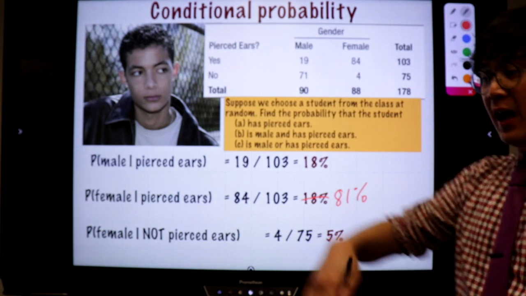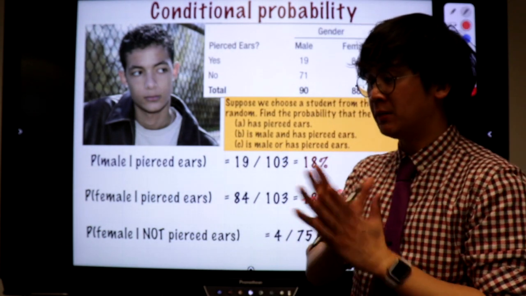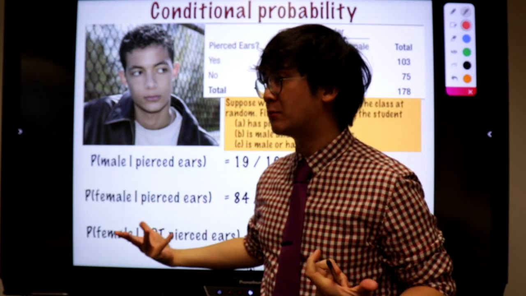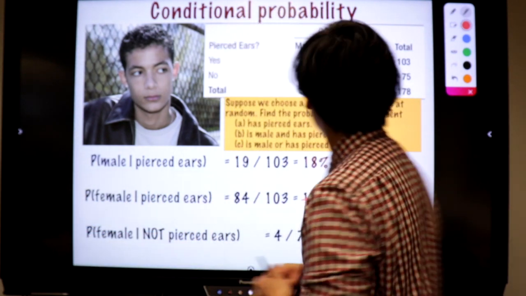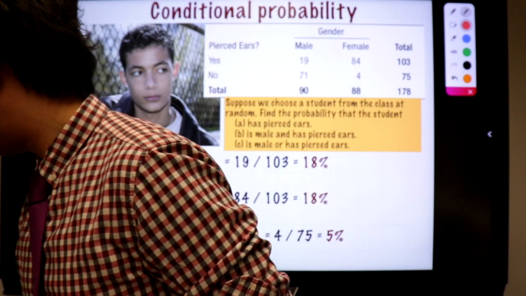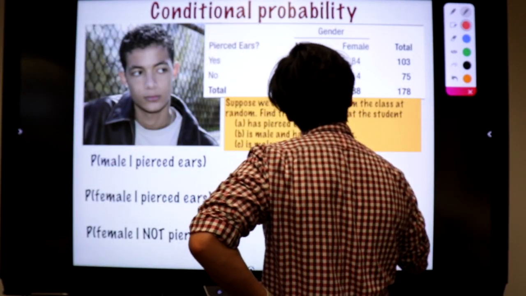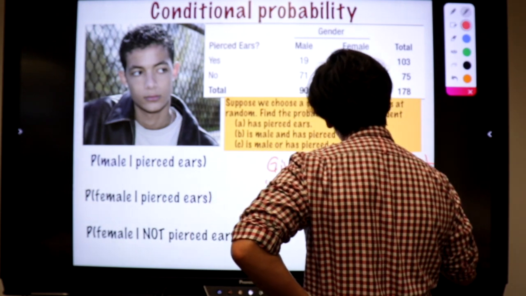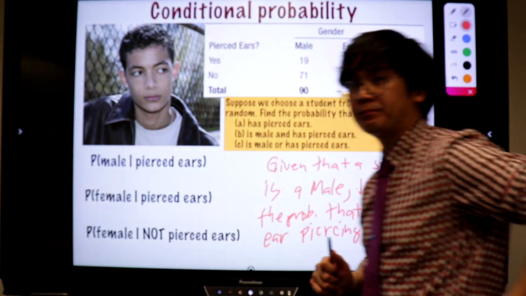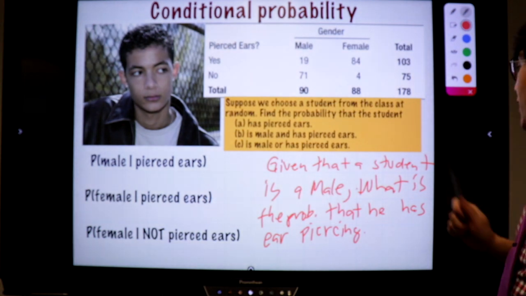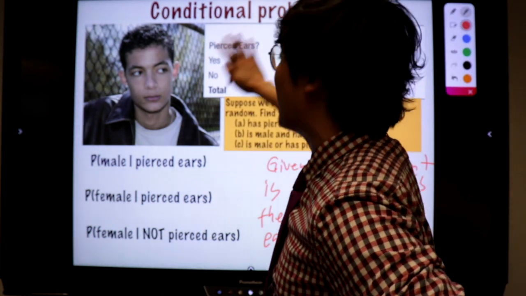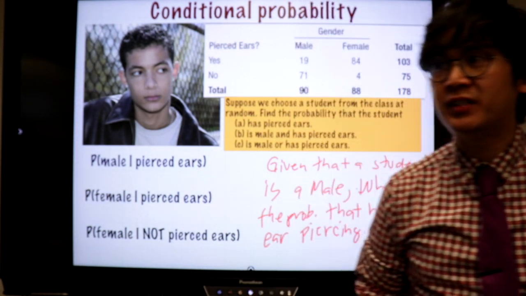Alright, now, as I was saying, sometimes notation is easier to work with in statistics, but sometimes they use word problems. Here's one. Alright, here's your question. Given that a student is a male, what is the probability that he has ear piercing in this particular group of students?